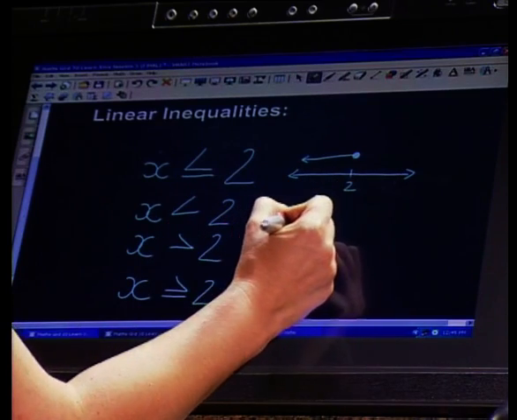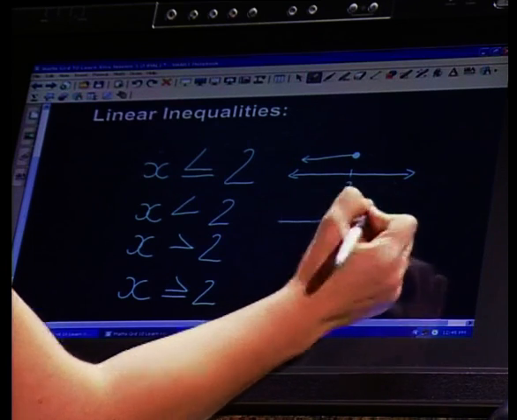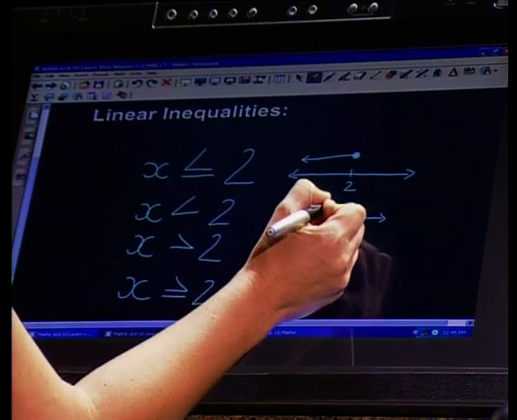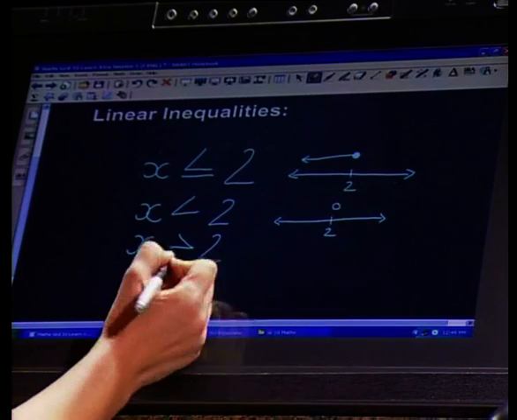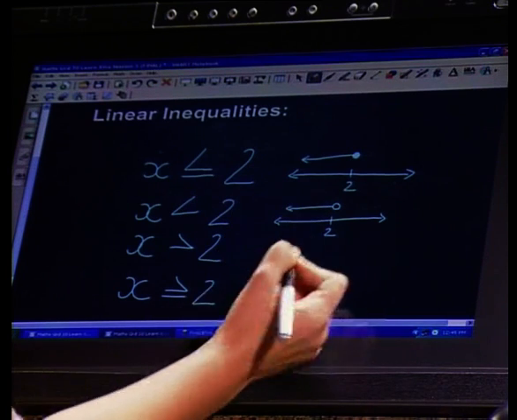For the next one, 2 is the important value. Again, we have the arrows on either side to indicate the line goes on forever and ever. This time, however, 2 is not included, so we keep the circle open.